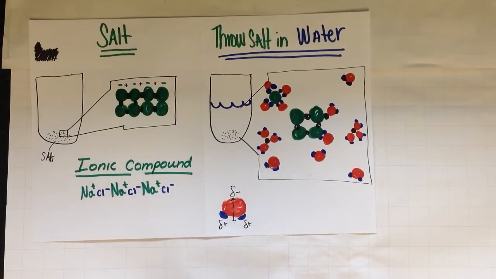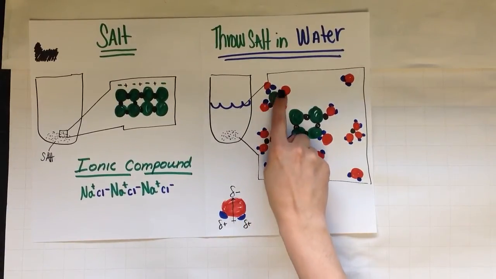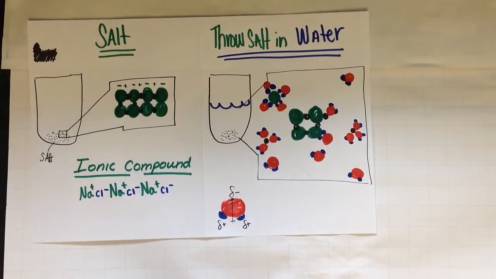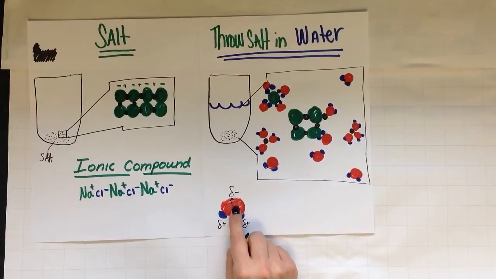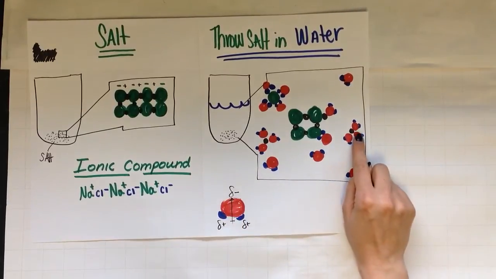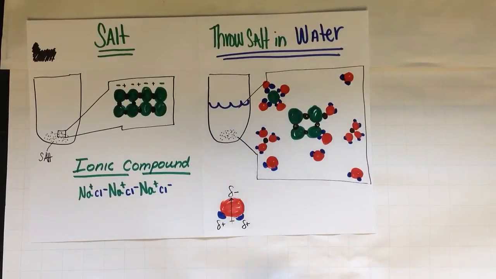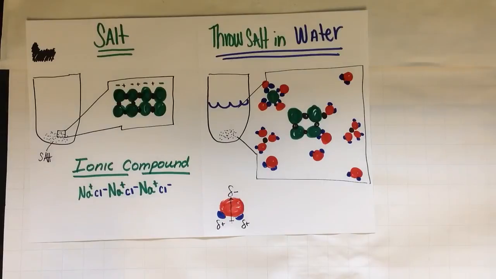Very important: the positive ends of the water, the blue hydrogens, surround the negative parts of the salt. And the negative ends of the water, the oxygen, surround the positive parts of the salt. This process is called solvation. So the salt slowly gets ripped up into its ions.